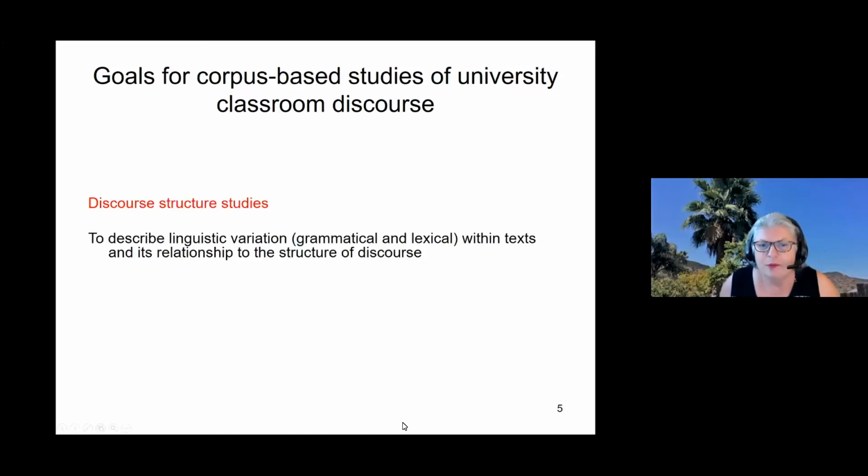So the primary goal in discourse studies, I think, in corpus-based studies, is to describe the linguistic variation that we can find within the text and its relationship to the structure of discourse. We are doing that using tools that will automatically segment discourses into subunits so we can work with them further in terms of linguistic variation.